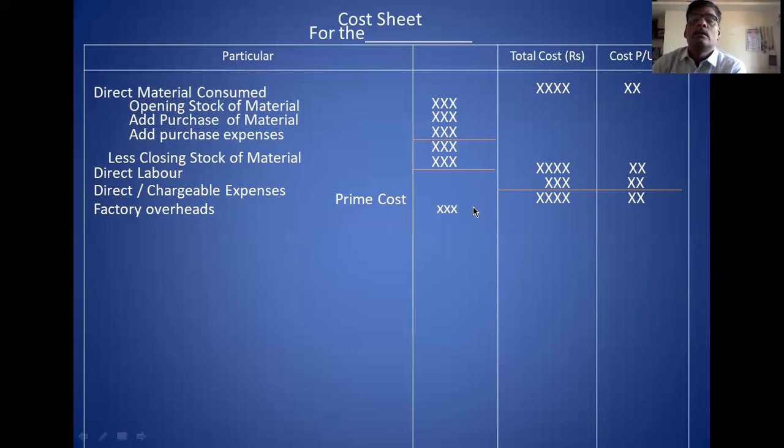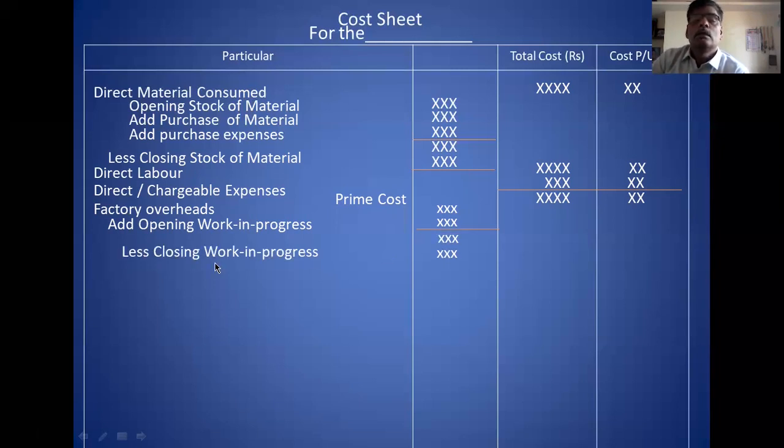To this factory overhead, you add opening work in progress. Then deduct the closing work in progress. Work in progress means the work not yet completed at the end of the accounting period.